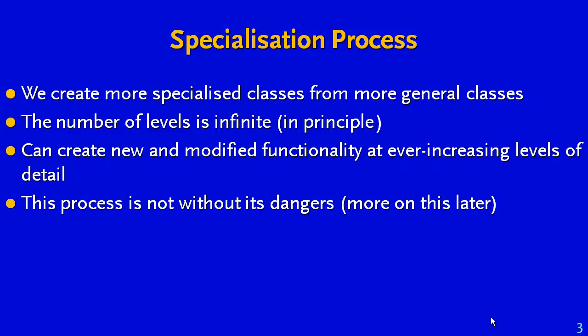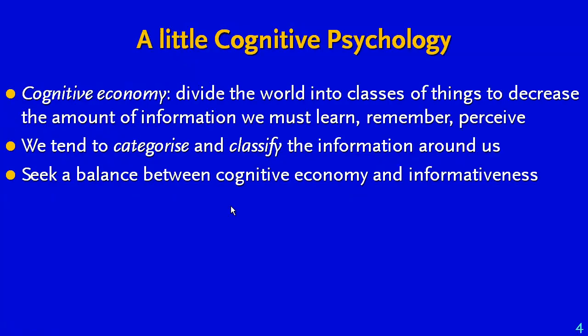But basically, when you use inheritance, you get new functionality or modified functionality in specialized classes, and we'll see exactly how this works later on. And we'll see the potential dangers as well.